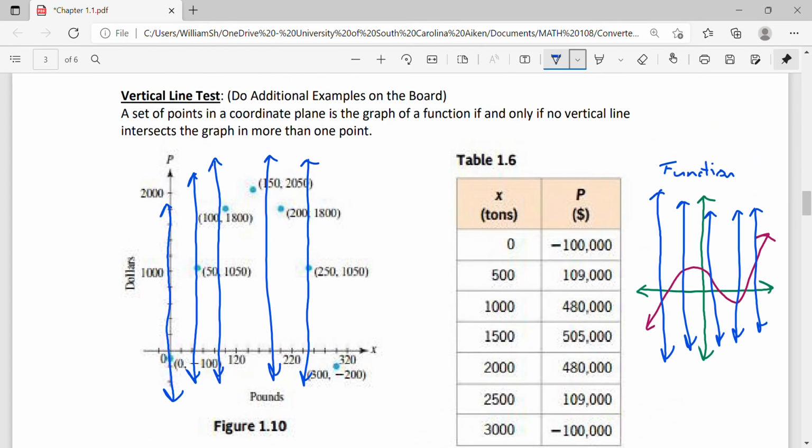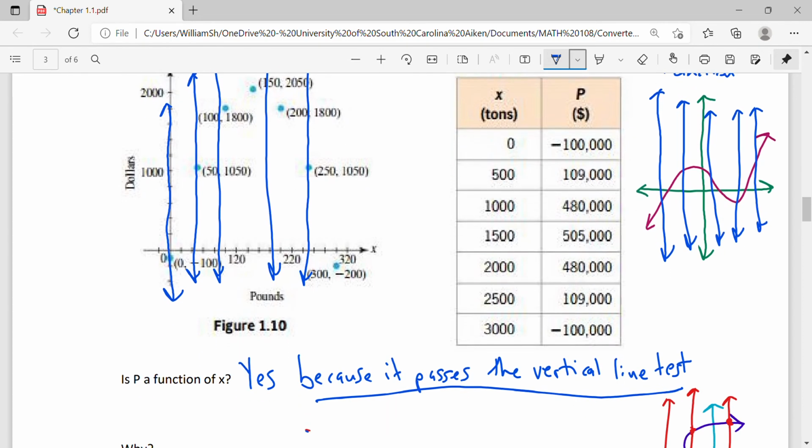Now, what you'll notice with the vertical line test is that vertical line is only ever going to hit 1 point. So we figured out that this P is a function of X, okay? And if we look at this, each P goes to an individual X. So this negative 100,000 here, it goes to a 0.